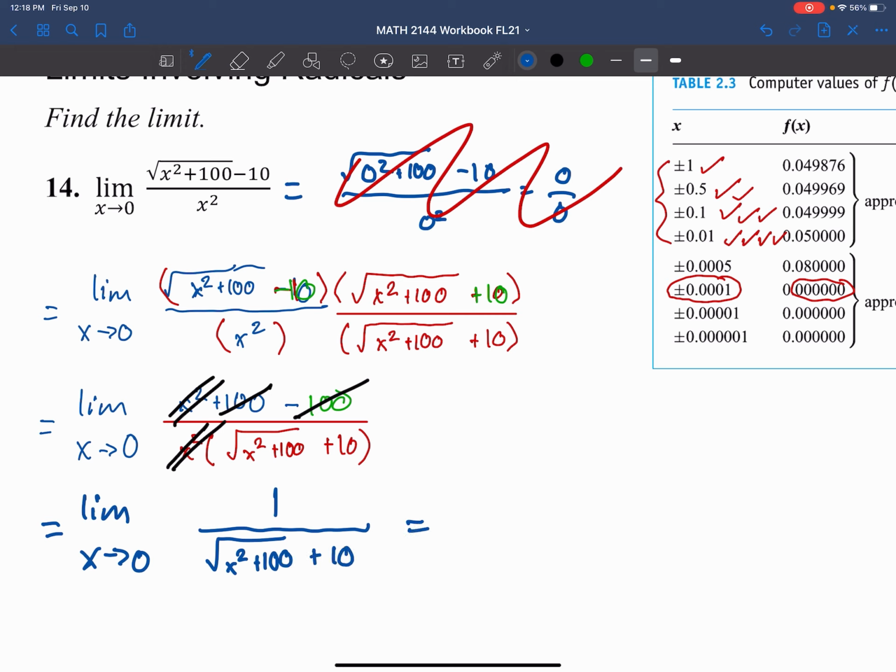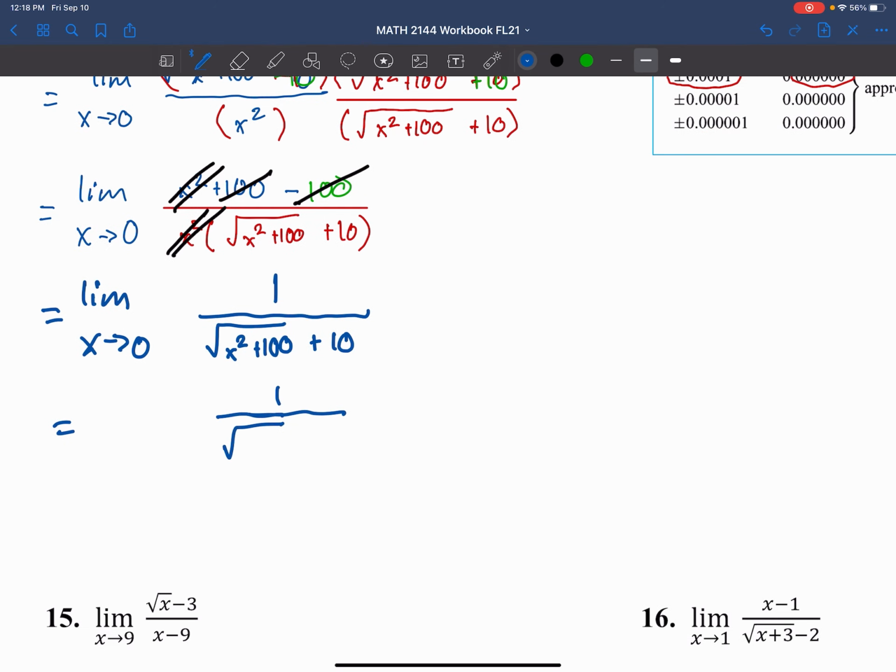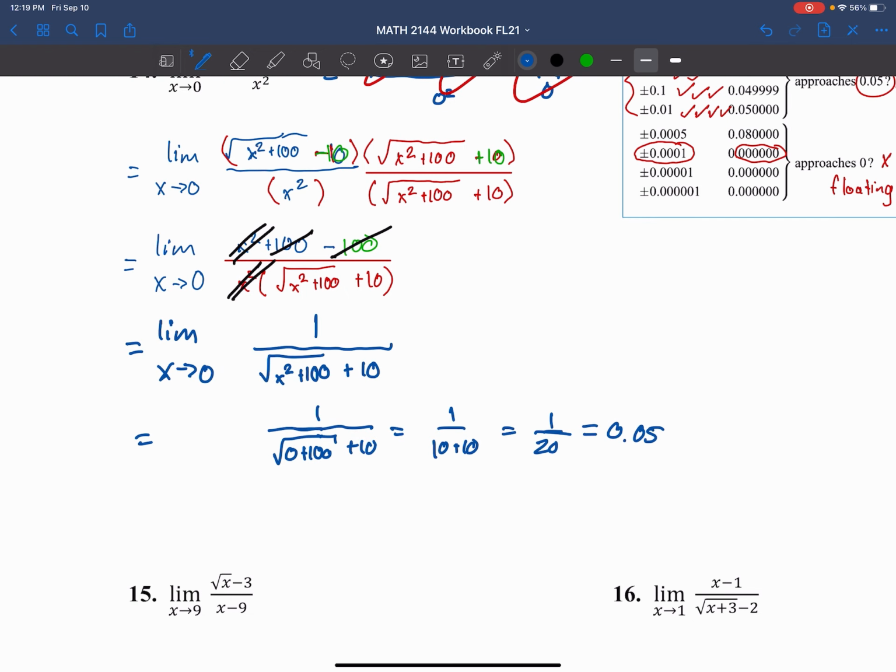Now when you take the limit, that's 1 over the square root of 0 plus 100 plus 10, which is 1 over 10 plus 10, which is 1 over 20, which is 0.05, which that table was showing above. So that's another kind of niche technique that you can use whenever you can't factor to cancel.